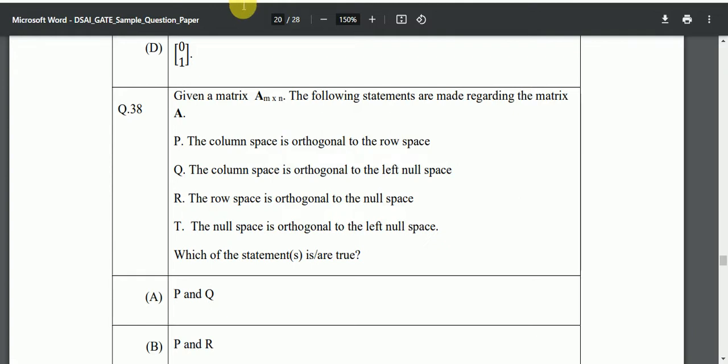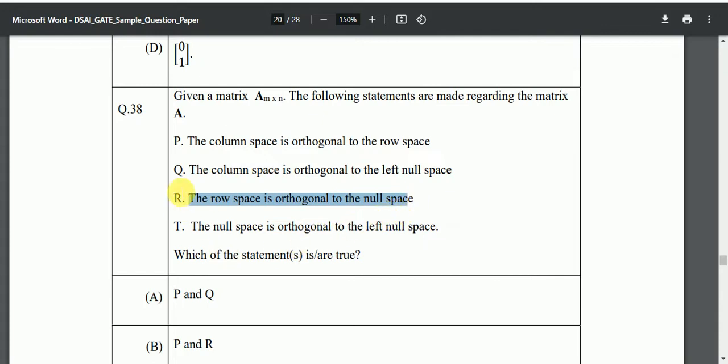So the correct answer for this is option Q and option R. What does option Q say? That the column subspace is orthogonal to the left null subspace, and option R says that the row space is orthogonal to the null space.